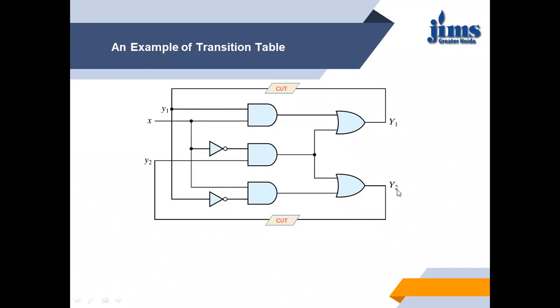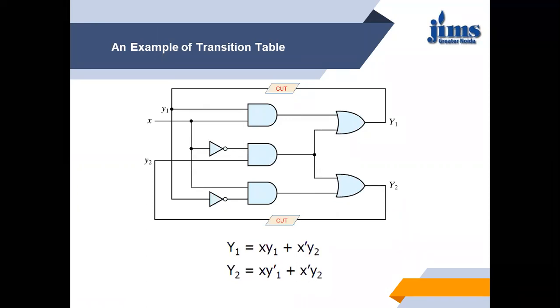Similarly, we can find out Y2, and Y2 comes to be x bar y2 or x y1 bar. So here we get Y1 is x y1 plus x bar y2, and Y2 is x y1 bar plus x bar y2.